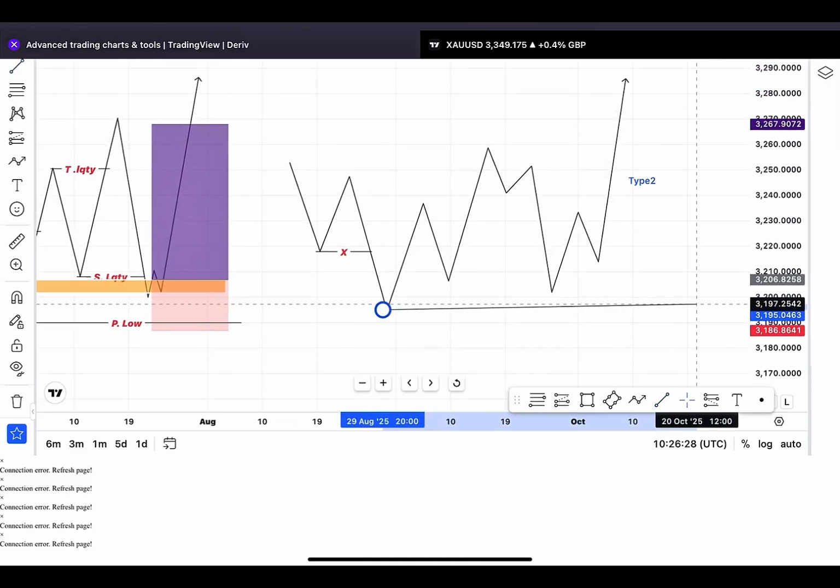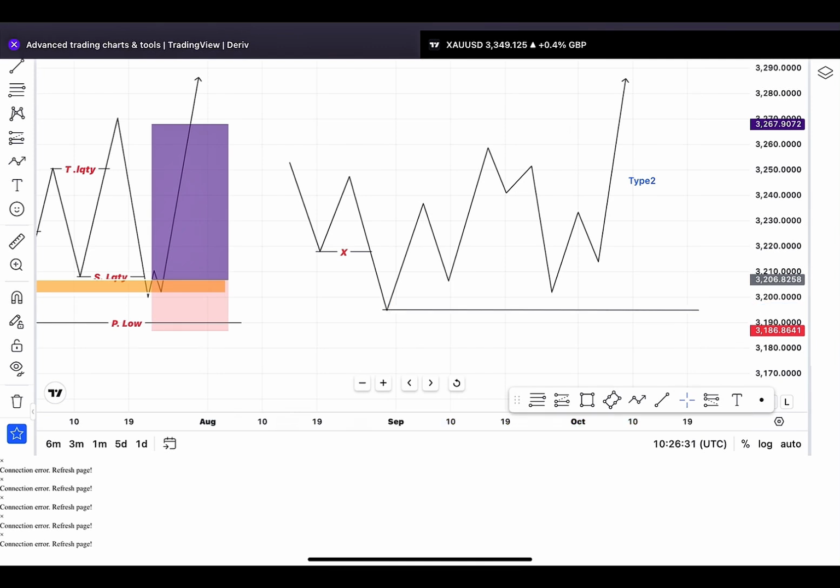Why I call it a protected low is that the market has already swept this liquidity, so the market will barely come to take this low again.